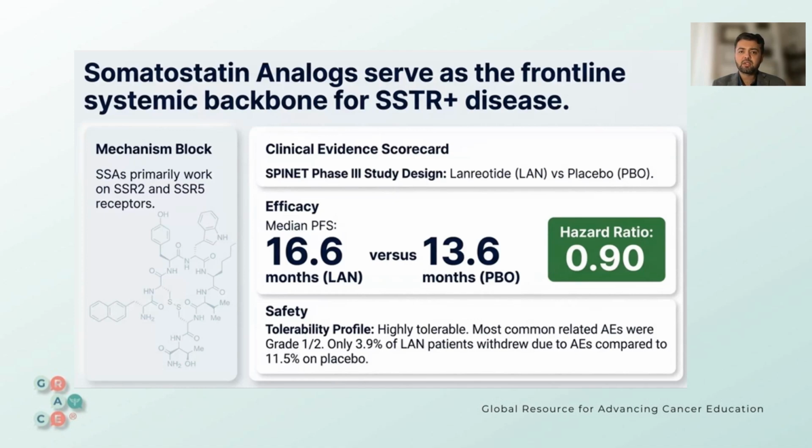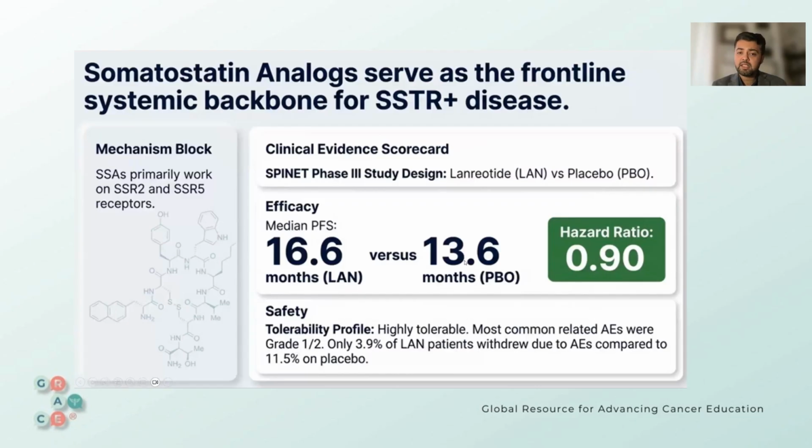Clinical evidence is provided by the CLARINET phase 3 study design, which particularly looked into lanreotide. A similar study was also done for octreotide, but here in this slide, I'm highlighting the one for lanreotide, showcasing some important features and numbers. So median progression-free survival was 16.6 months versus 13.6 months, which means if a patient is not given any treatment, the average progression-free survival would be around 13 to 14 months.